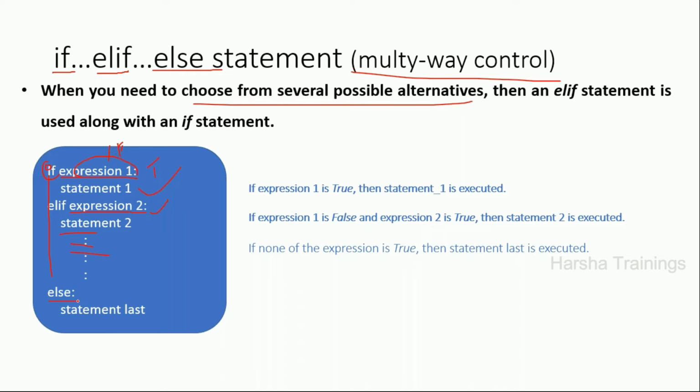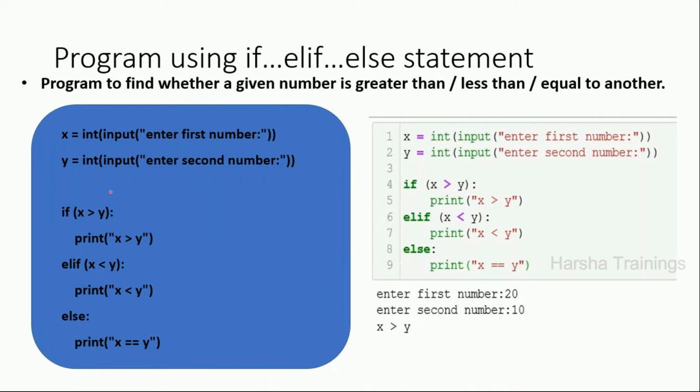Now let us do an example. I want to write a program to find out whether a given number is greater than, less than, or equal to the other number. Let me take the first number as 10 and the second number as 20. Here I will discuss three cases.